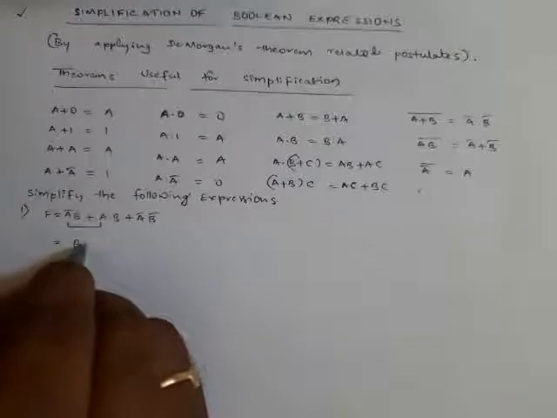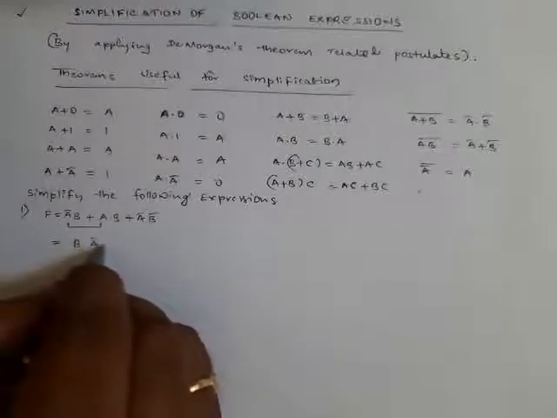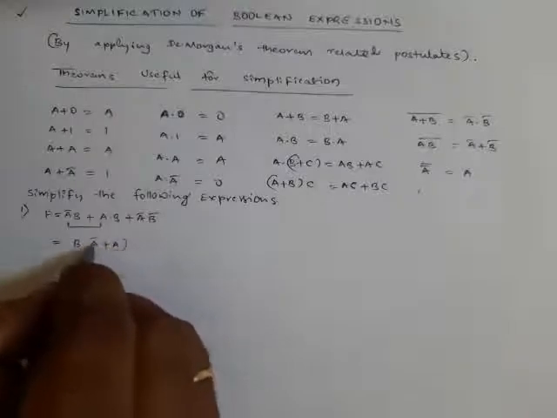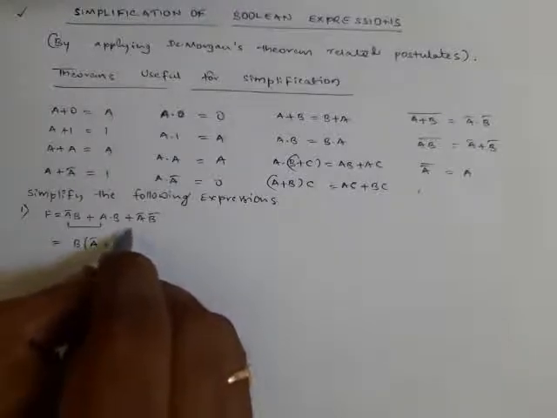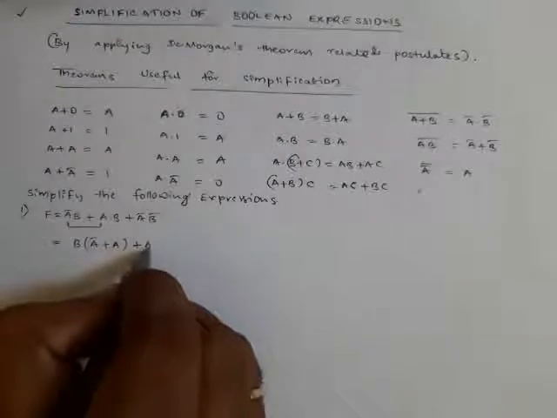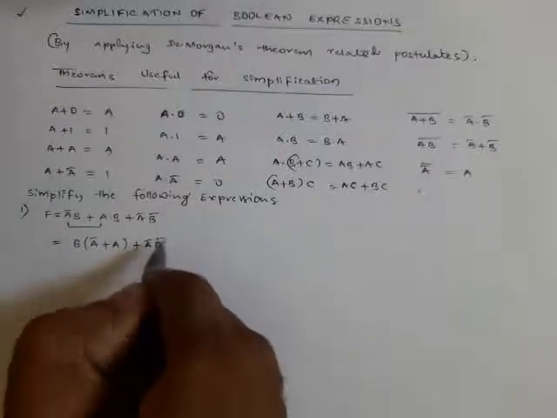What remains is a bar in the first term plus a in the second term, and the third term we'll write as a bar b bar.